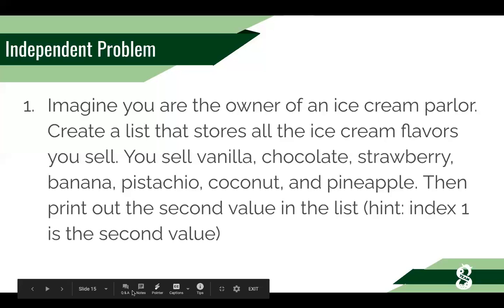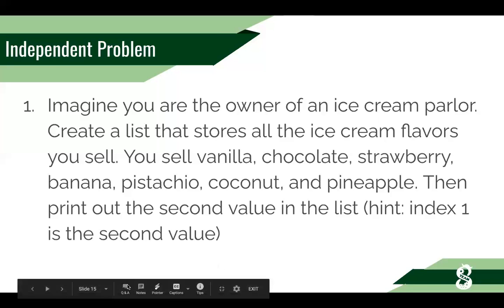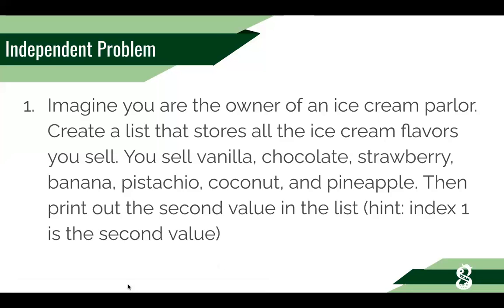Tell us when you're done in chat, and if you're done, you can try printing out negative indexes as well. For example, try printing out pineapple using an index, which would be -1.